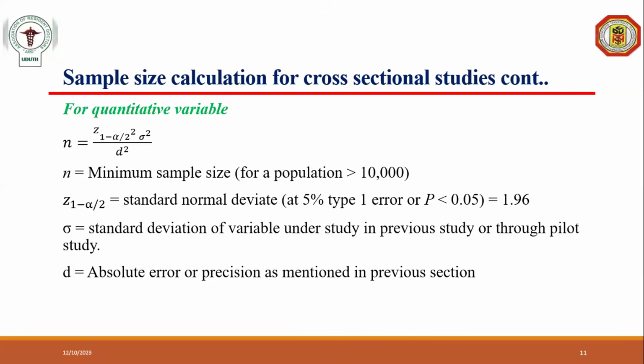So now, if your outcome is quantitative, that means you are going to present your outcome in terms of quantity, not in category, maybe in terms of mean and standard deviation. Then this formula is the formula that you are going to use. N will be equal to Z squared lambda squared all over D squared.